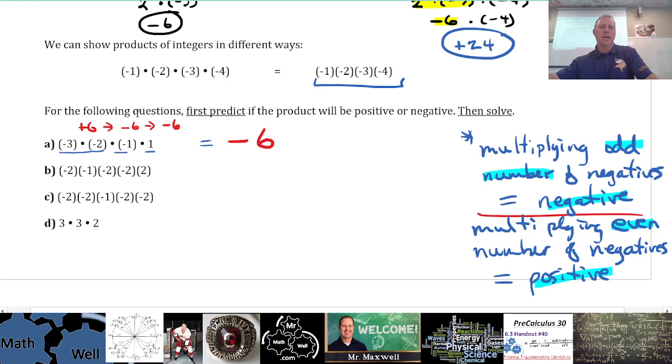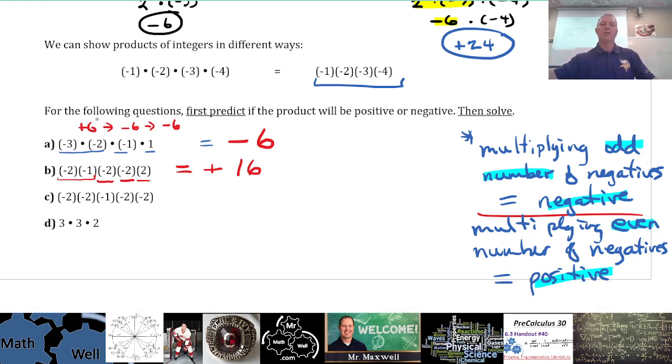All right. Let's do B here. 1, 2, 3, 4. 4 negatives. So guess what? My answer is going to be positive. There's an even number of negatives, so it's going to be positive. And then let's take a look at the numbers because we've got the sign figured out. 2 times 1 is 2. 2 times 2 is 4. 4 times 2, 8. 8 times 2, 16.